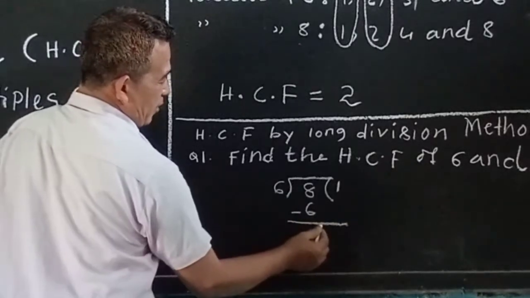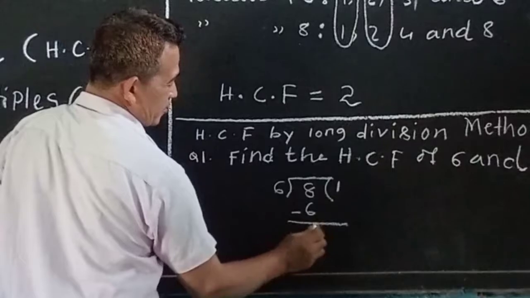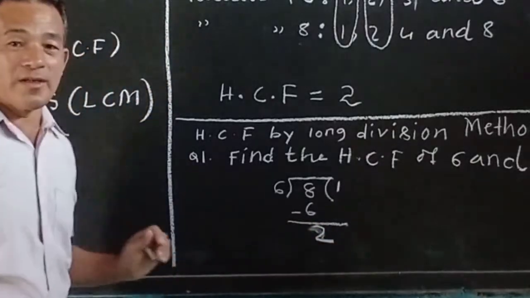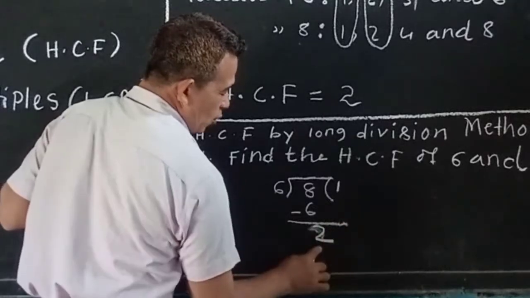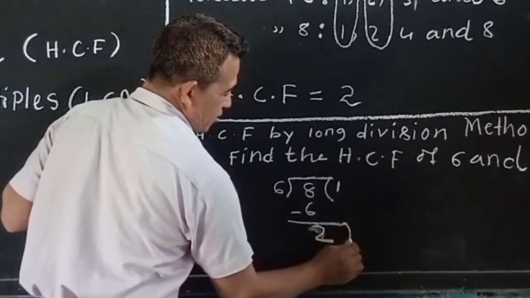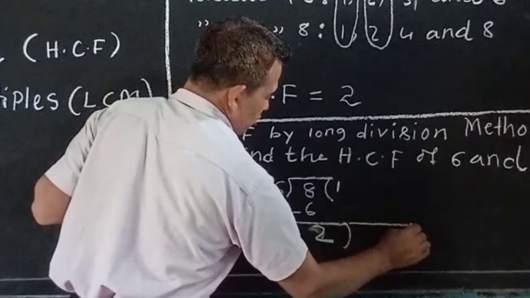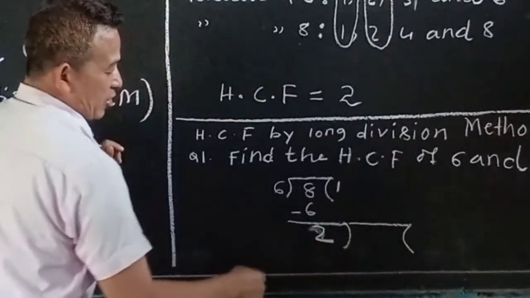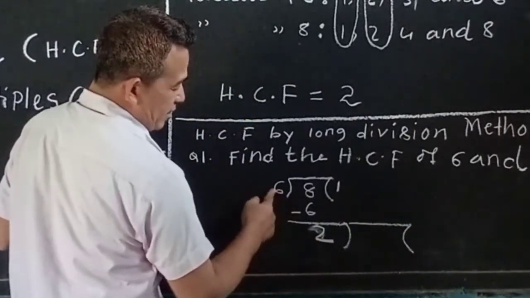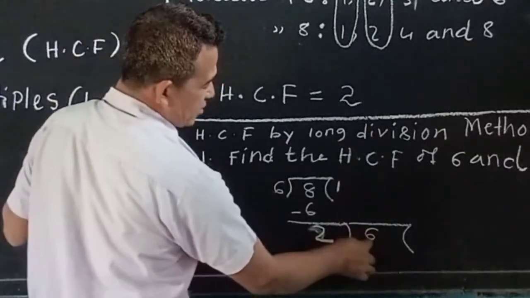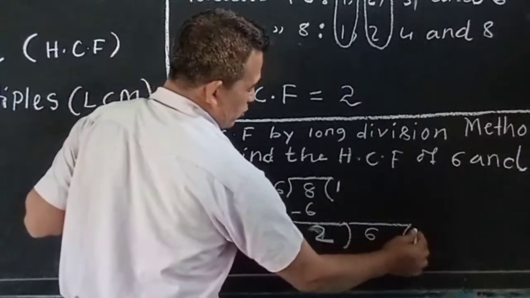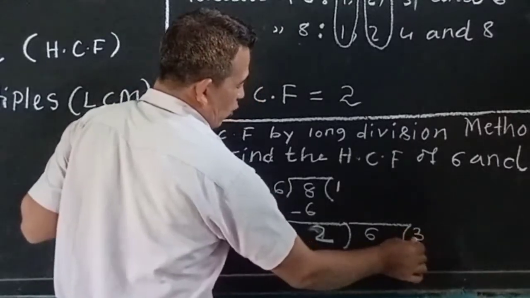Subtract 6 from 8 and you get 2. This remainder 2 becomes your divisor, and this 6 is written here. Now divide 6 by 2 and you get 3 as quotient.